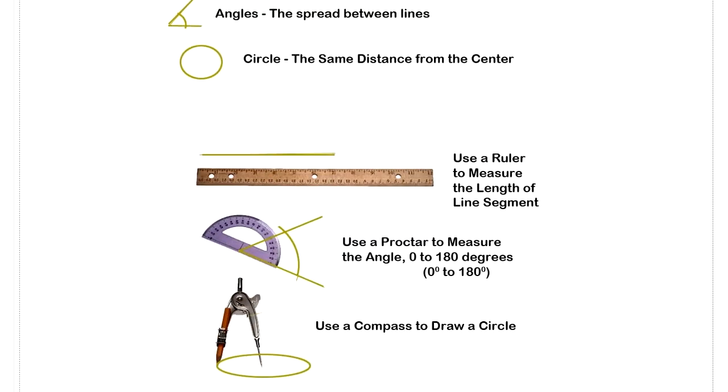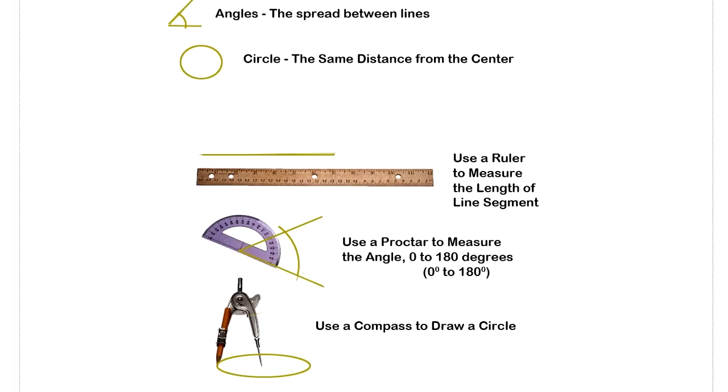So how do we know the lengths? Lengths, we use a ruler to measure, and I'm sure you did this in elementary school. You need to have a ruler to do geometry class.